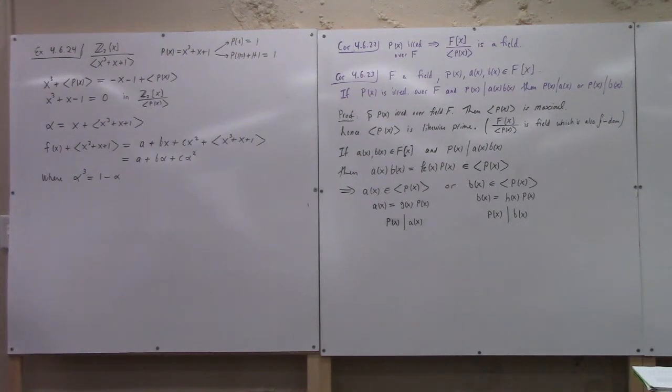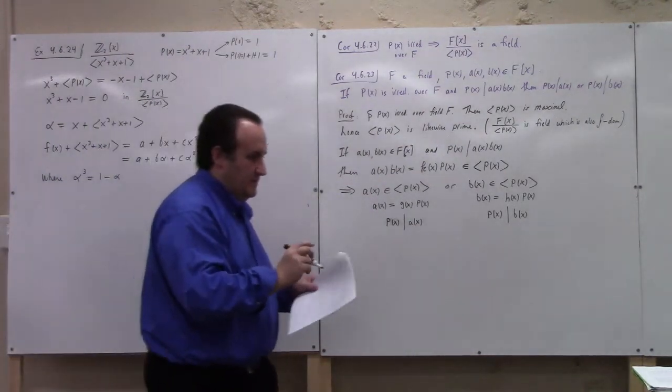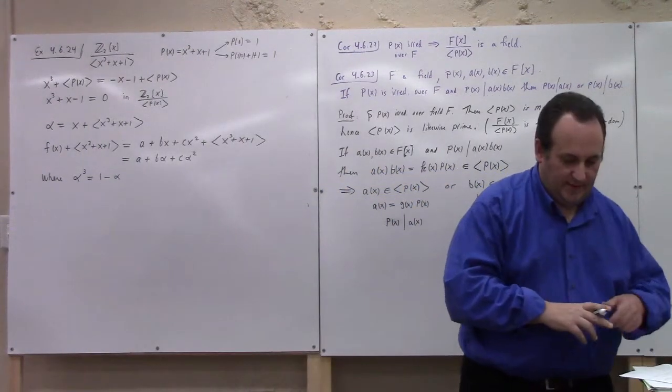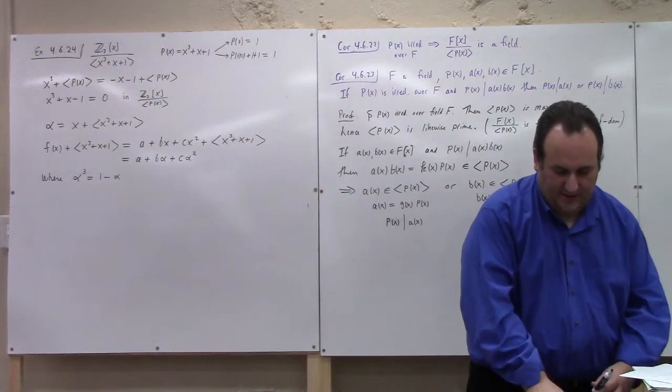So this is a field with how many elements? If we're talking about Z2, you get two choices for each coefficient. So how many choices do you have here? You have a, b, c.